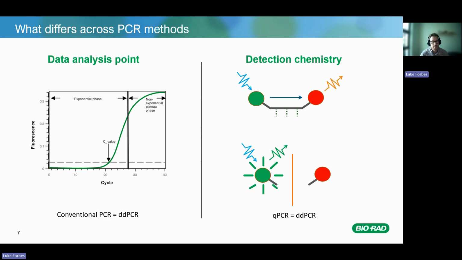However, in real-time PCR, it's different. You analyze your data at a CQ, a quantity cycle, and it's that exponential phase where the amount of your PCR product is hopefully doubling between each cycle, remembering that that doubling is because your DNA is splitting into half.